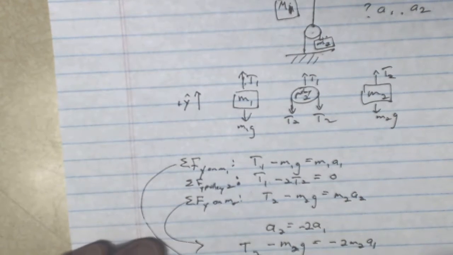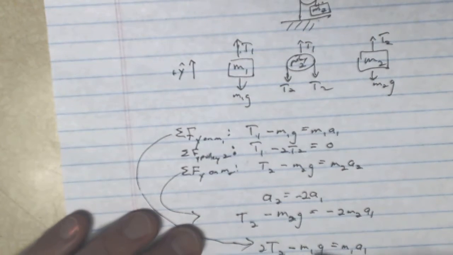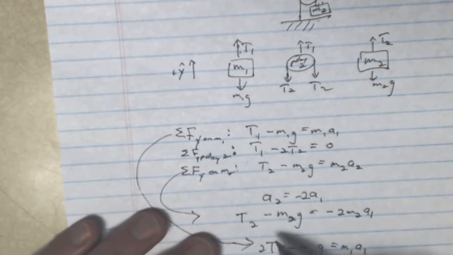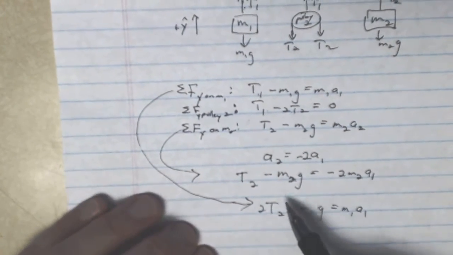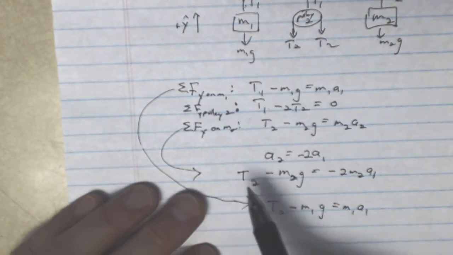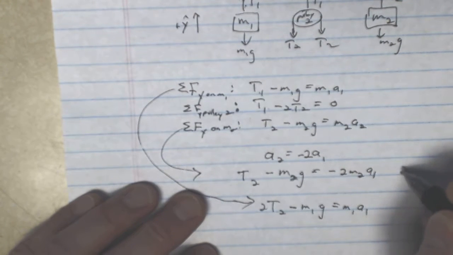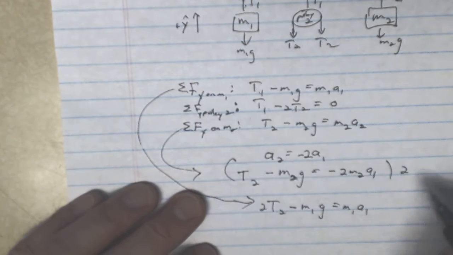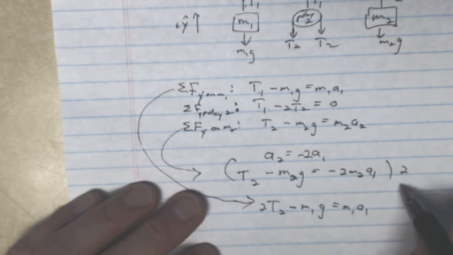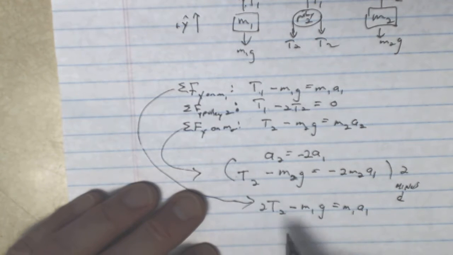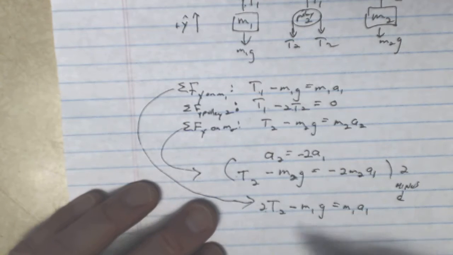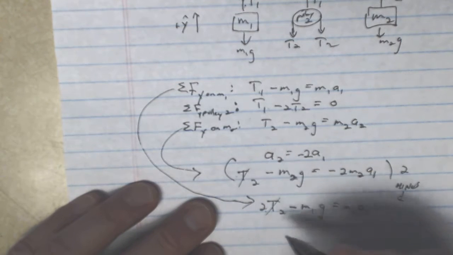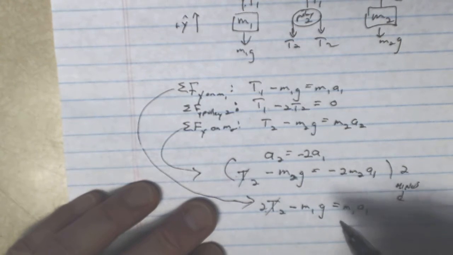Okay, so now I note that I can eliminate T2. We don't want T2 in these expressions. So I can eliminate T2 by multiplying this equation by a factor of 2, and then subtracting it, okay, from this equation. Because then I'll have 2T2 minus 2T2, and so these will cancel after I do the subtraction, okay?